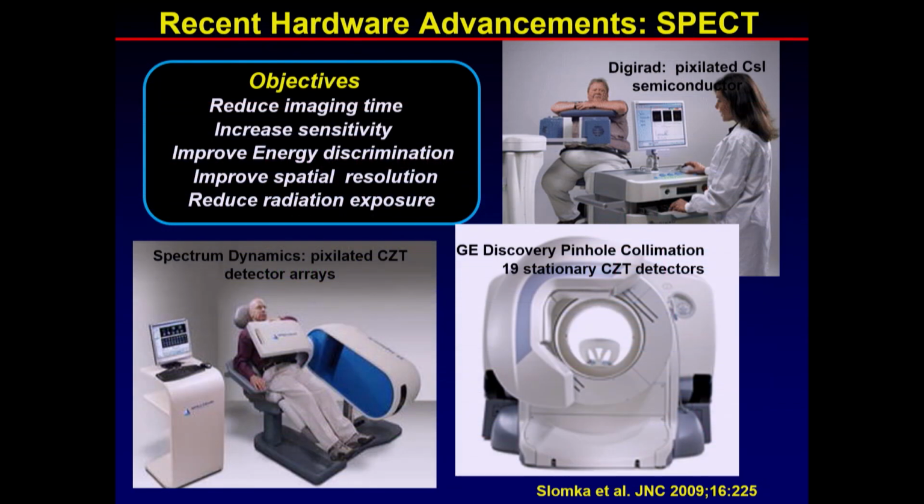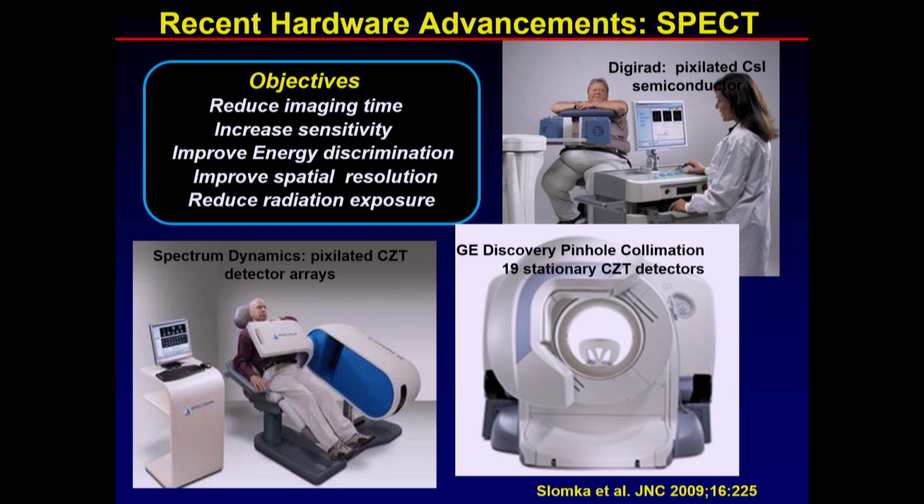Okay, so SPECT has also developed over the years in terms of the types of crystals we use and the types of detectors. Nowadays, we still have sodium iodide detectors, but cesium and CZT detectors are becoming more commonplace. In fact, we're about to buy another CZT detector for our laboratory, a Spectrum Dynamics one, within this next coming year.